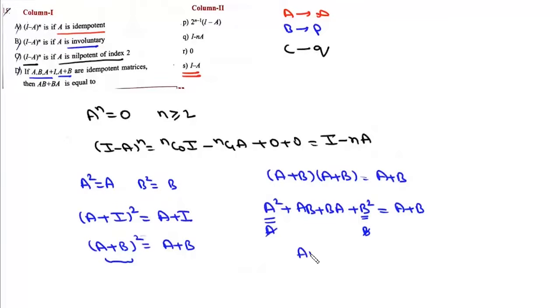So we'll get AB plus BA will be this null matrix. So this D matches with R. So the correct options are S, P, Q, R.